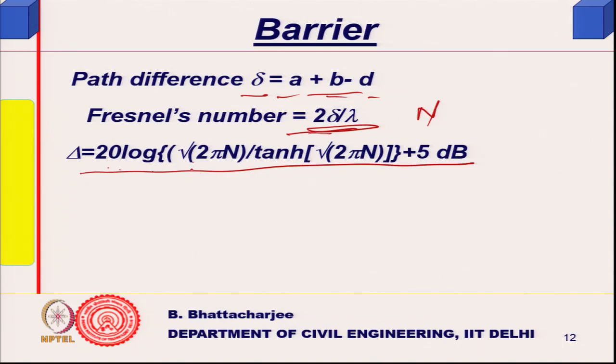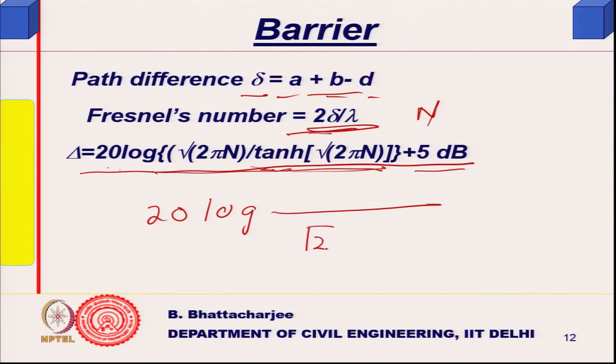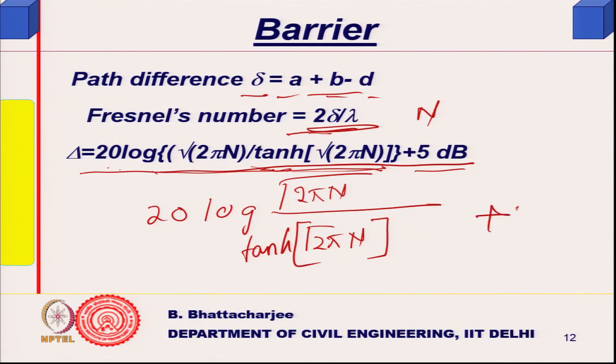So, it is related to 20 log of under root 2 pi n divided by tanh under root 2 pi n, and this is the whole thing, plus 5 dB.